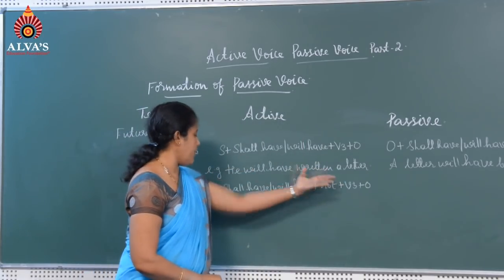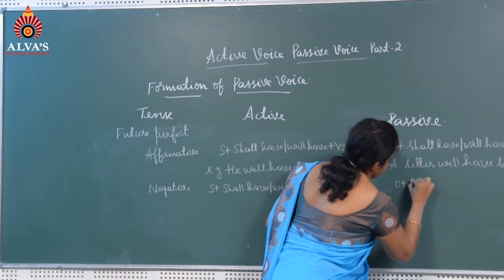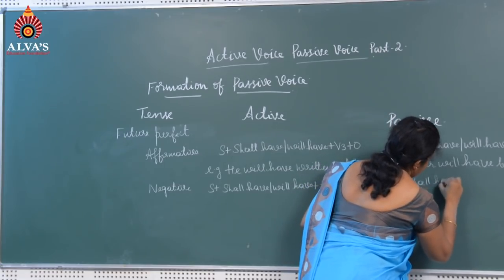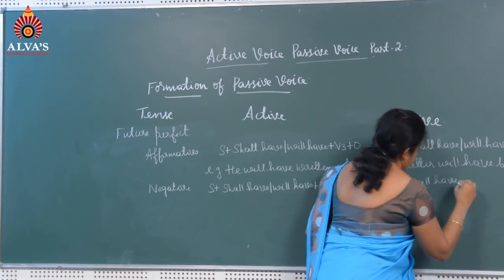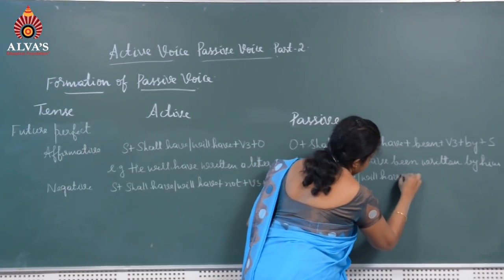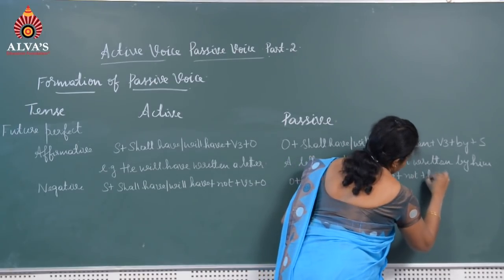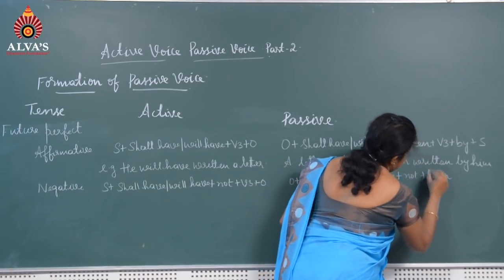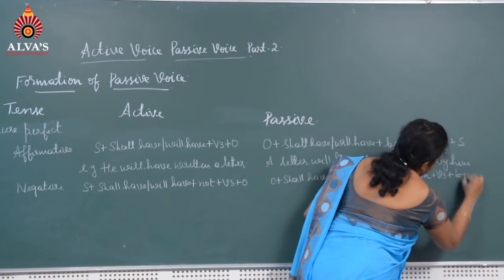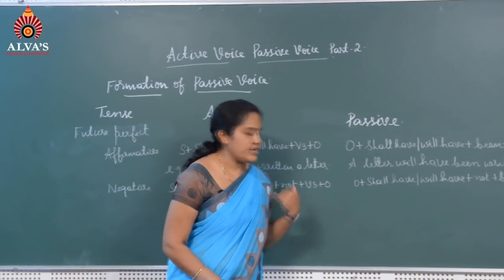When it comes to the passive voice, object plus shall have or will have plus not plus been plus V3 plus by plus subject. Okay. S means a subject.